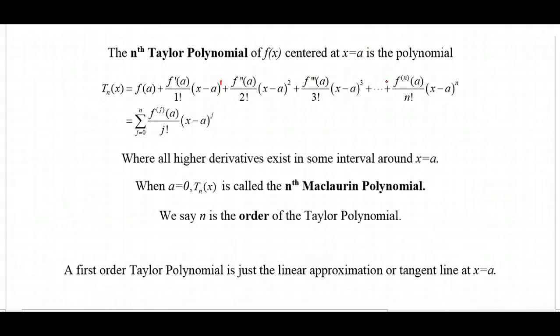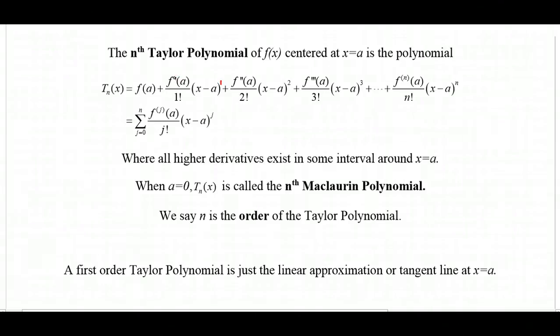And hopefully you can see the general term would be the nth derivative of f at a over n factorial times x minus a to the n. So it looks like a daunting formula. I absolutely agree. But it's not that bad.